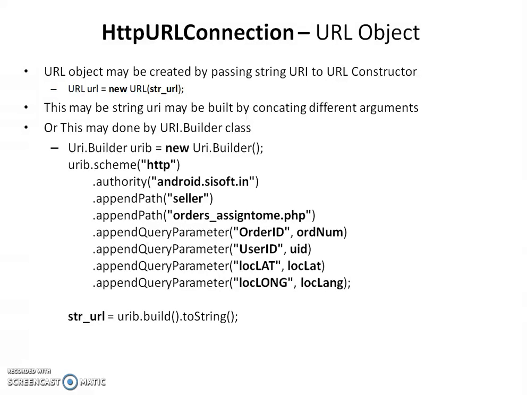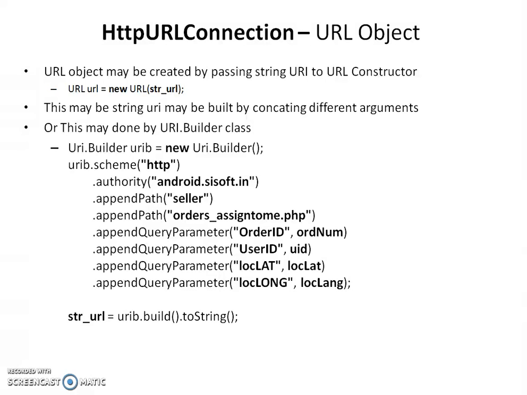Then we append the paths, seller, and then the program name, and then we append the query parameters. Having done that, we can build the URI and then convert that to the string URL, and then this string URL may be passed to the URL class to get the URL.